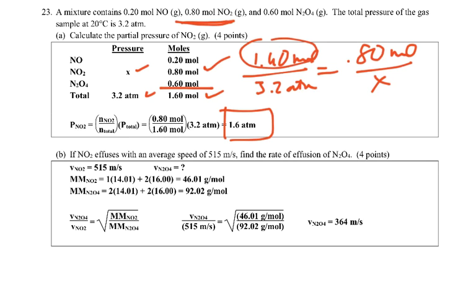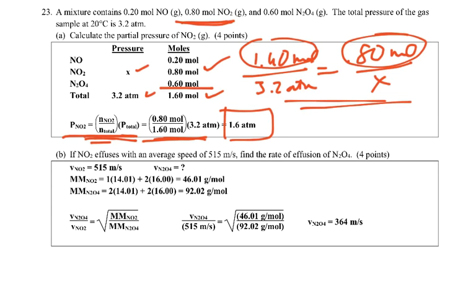Now, when we're talking about this mole and this mole, that's officially called the mole fraction. So mole fraction times 3.2 is another way. Mathematically, we're doing the same thing. If you want to substitute into the equation, which is given on the first page, we're really just doing a proportion. So 1.6 atmospheres.